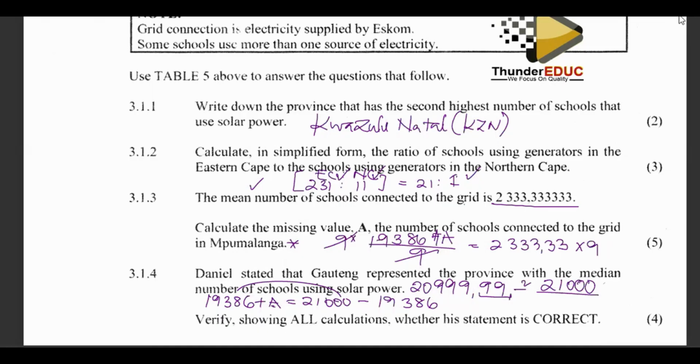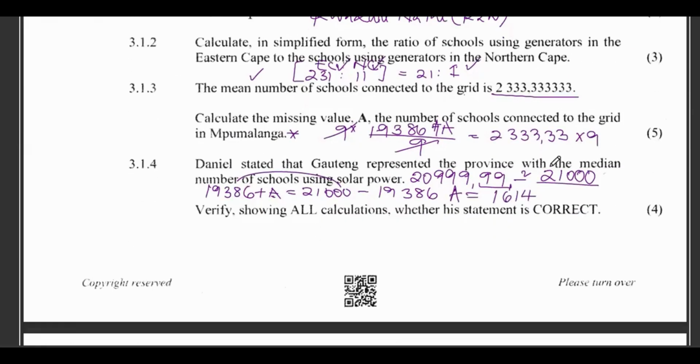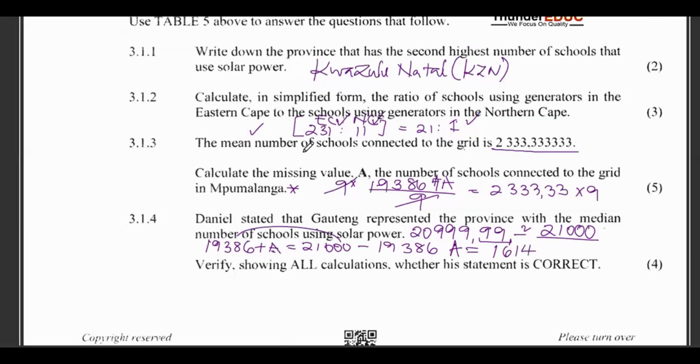So the value of A became 1,614. This is the value of A. Okay. Verifying, showing all calculations. Okay. Let's look at the other one there. This was the value of A.